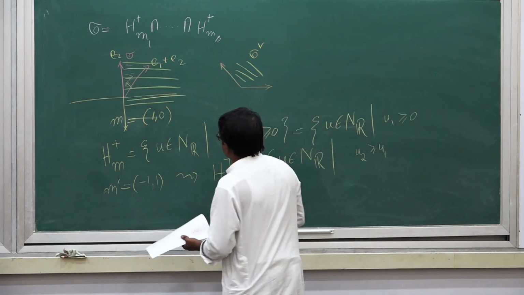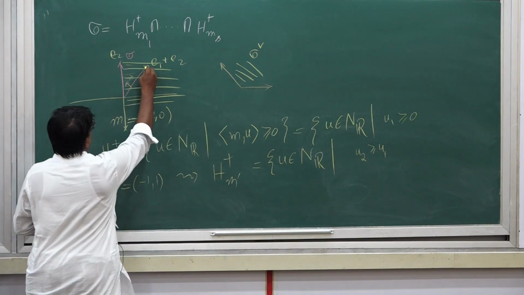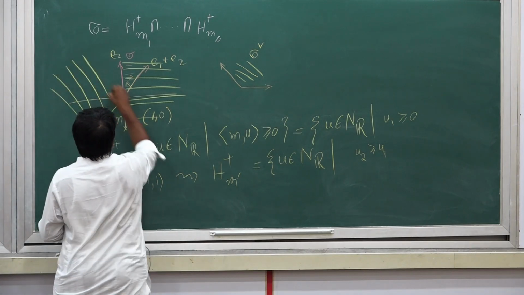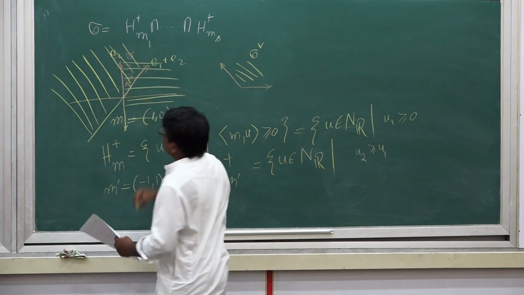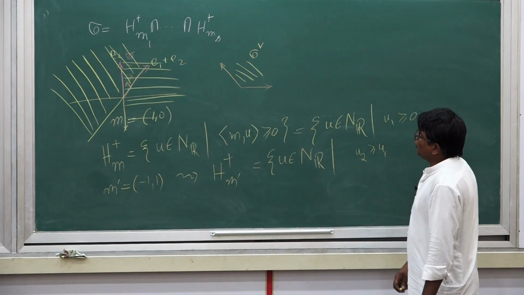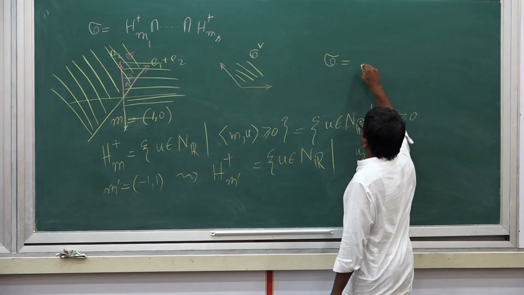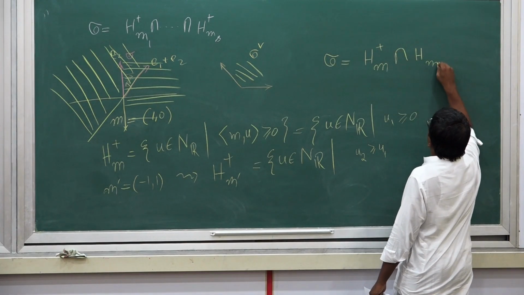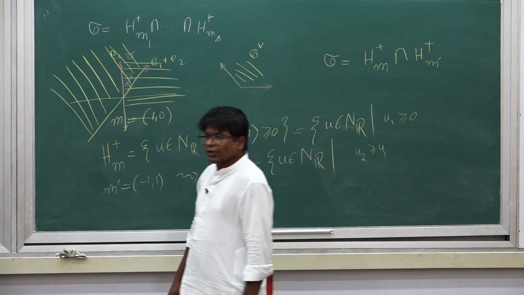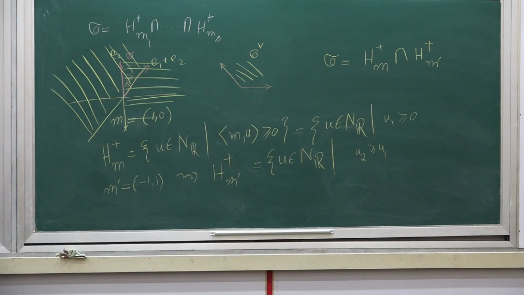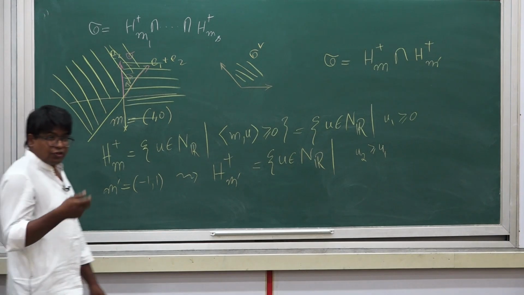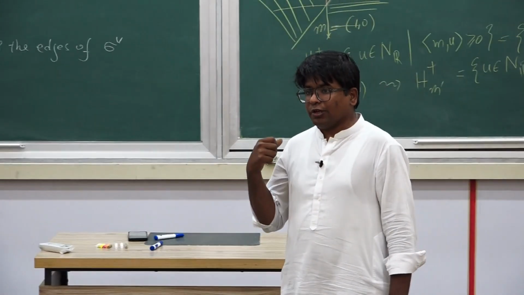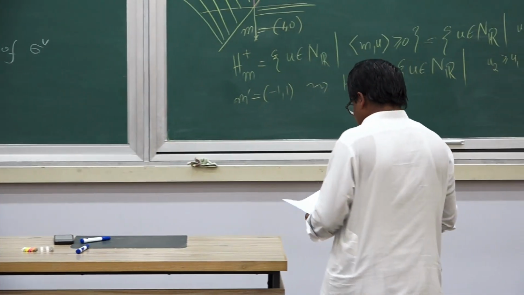So, you have this line and everything which is here. Okay. And note that this cone sigma is in fact H_m^+ intersected with H_{m'}^+. Okay. So, if you are given sigma dual, you can recover sigma in this way. Okay, that region is going to represent your sigma.